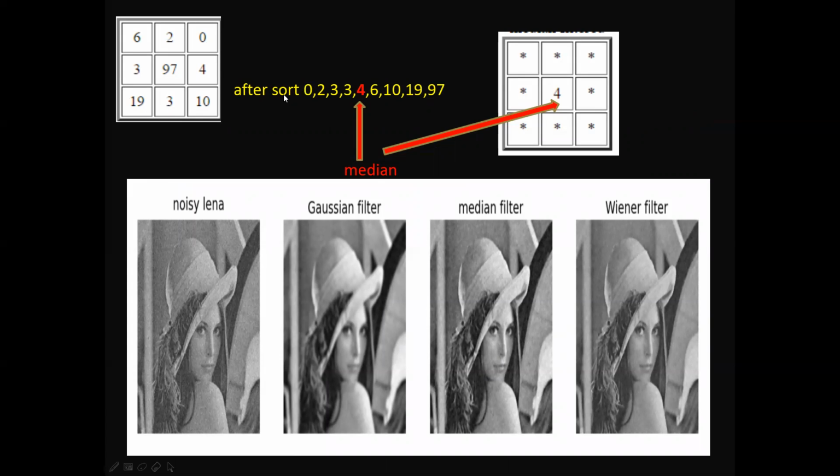We need to sort the pixel values: 0, 2, 3, 3, 4, 6, 10, 19, 97. After sorting, you can see the middle value in the sorted pixels, that is the median. So we need to take that value and replace the center with the median value.